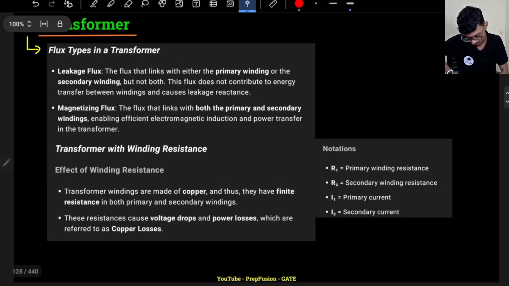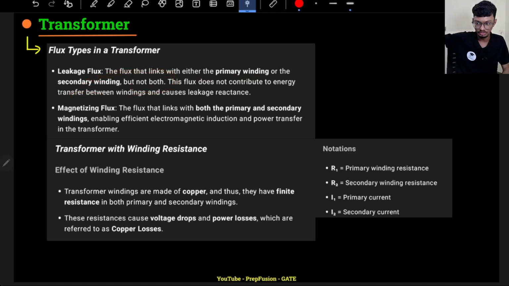One is leakage flux, another one is magnetizing flux. Leakage flux is the flux that links with either the primary winding or the secondary winding, but not both, because either it will link only with the primary or only with the secondary. This flux does not contribute to energy transfer between windings and causes leakage reactance. Magnetizing flux is the flux that links both the primary and the secondary winding.